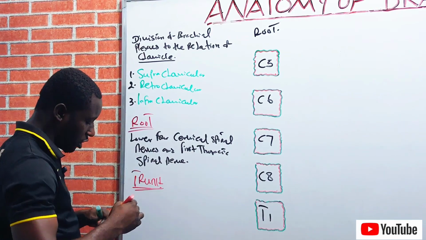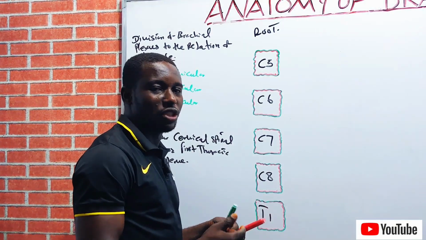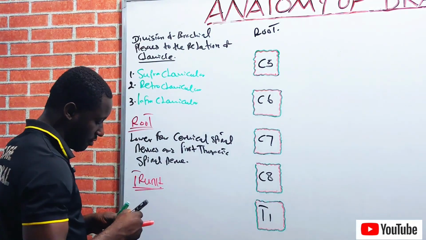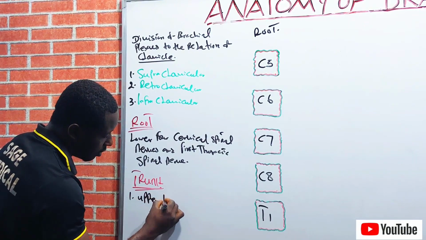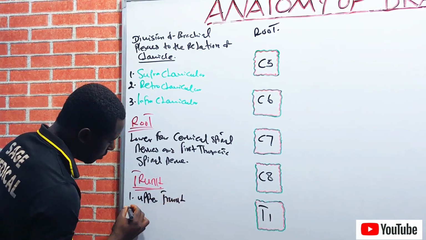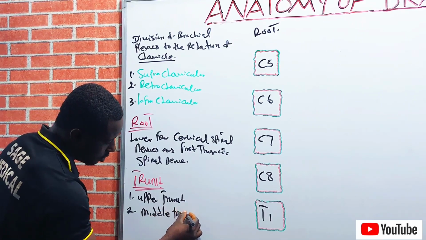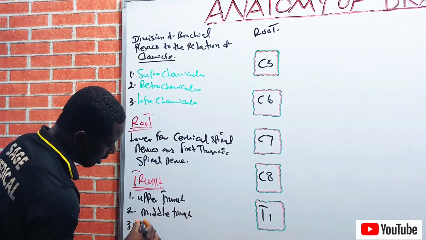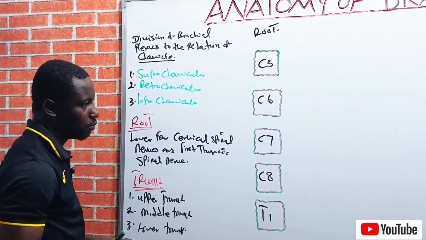The trunk. Okay. The trunk of the brachial plexus is divided into three. We have the upper trunk, the middle trunk, and the lower trunk. Okay.